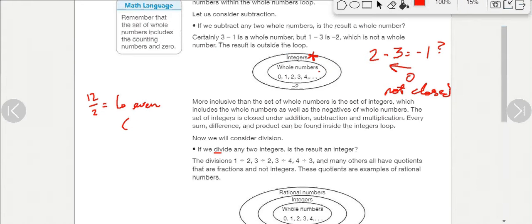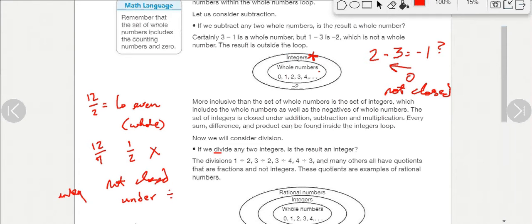But if it doesn't come out even, like 12 divided by 7, or a number where the top is smaller, like 1 over 2, these are not integers. Nope. So integers are not closed under division, because not every quotient will also be an integer.